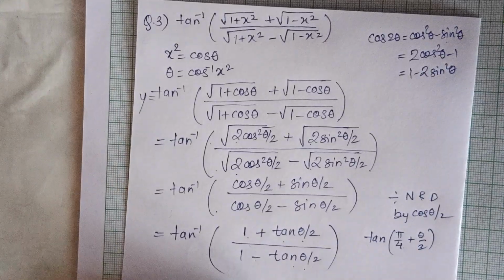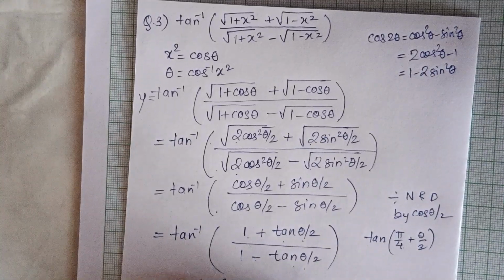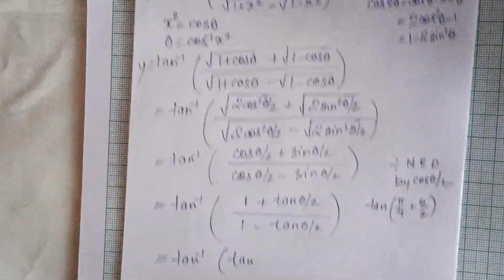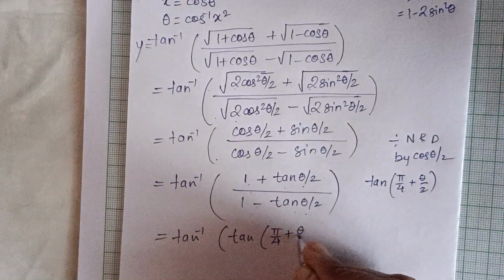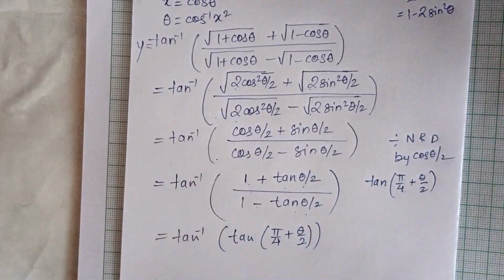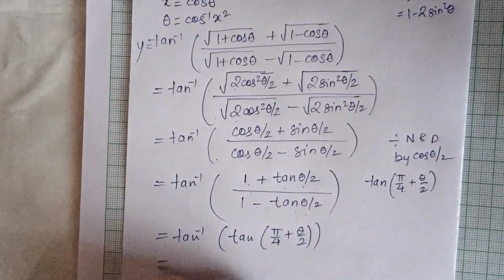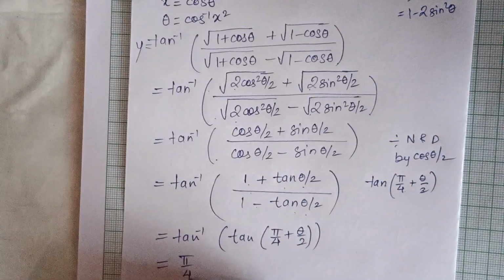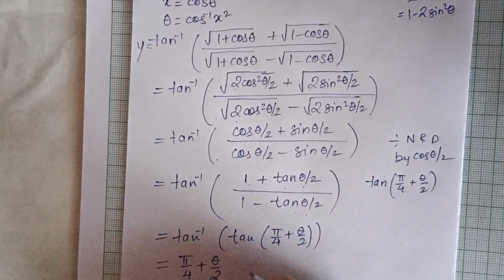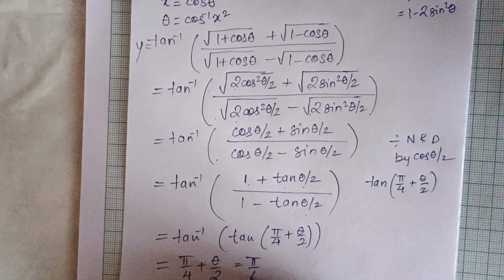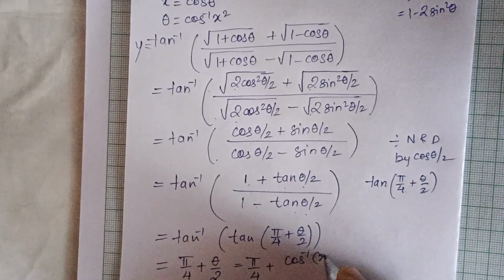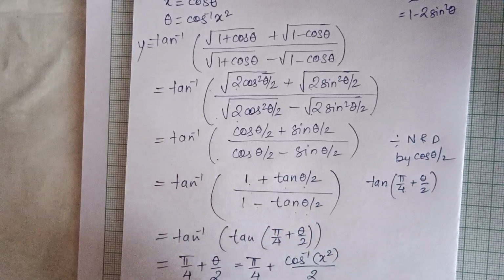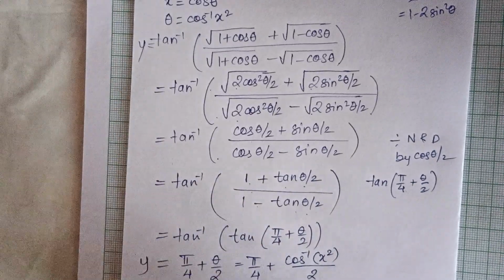Okay. So you can write here tan inverse tan of, so we'll get pi by 4 plus theta by 2. So we have to make substitution here. Theta was cos inverse of x square. So y is pi by 4 plus half cos inverse of x square.